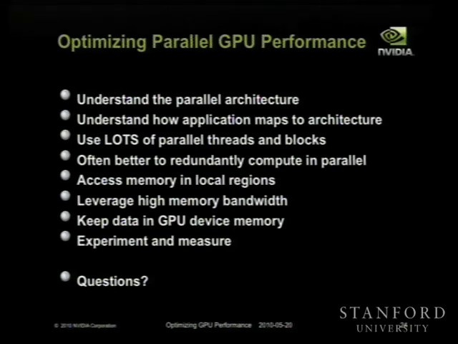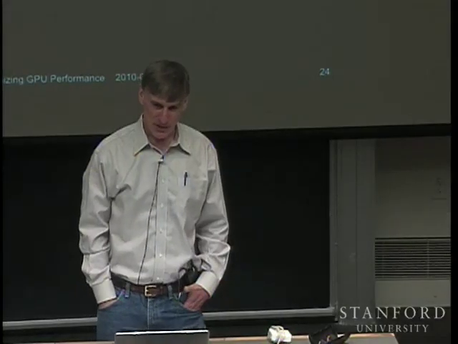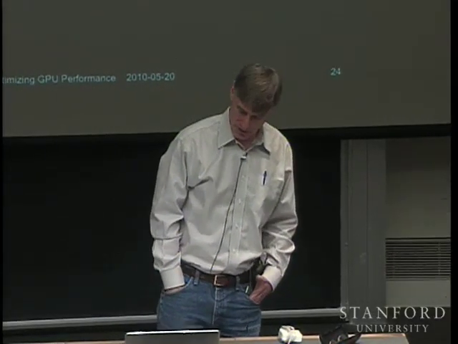And use all that memory bandwidth. There's a lot of memory bandwidth if you can get stuff in and out of DRAM instead of limiting yourself to CPU-type bandwidths. If you can keep the data in the GPU memory, that helps. And then I guess the best thing is just try it. Experiment, run it, change addresses, try it again, measure the time, and see what happens.